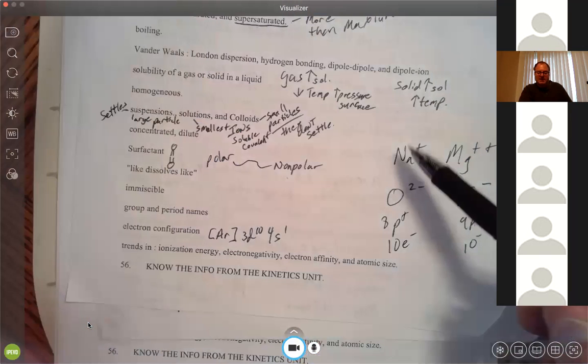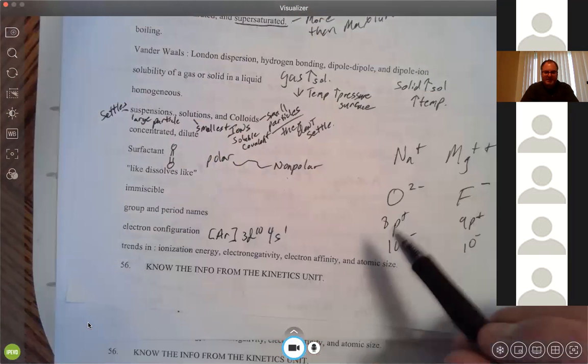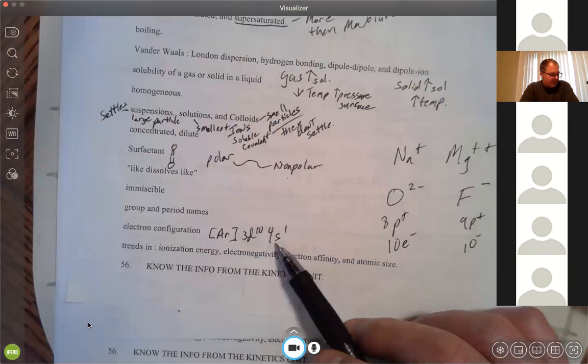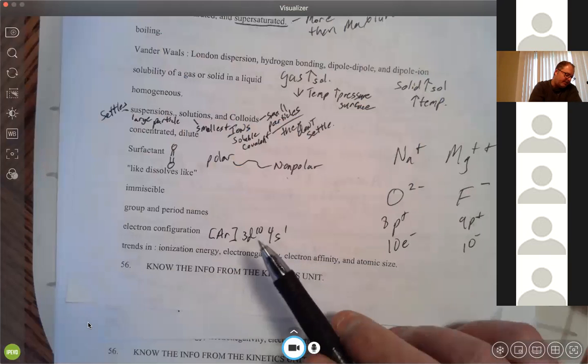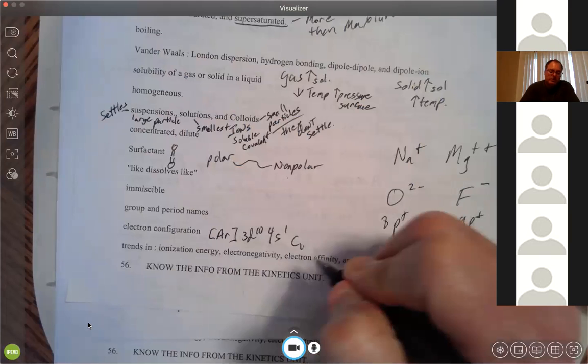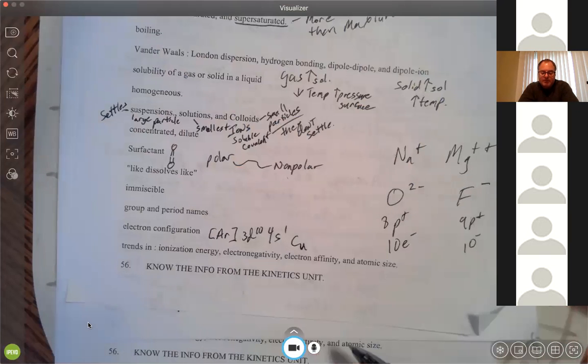Now, if you were asked to make that electron configuration, unless you had that memorized to be copper, you would probably do 4s2 3d9. It's one of the exceptions. Another exception would be for manganese. It likes to do a 4s1 3d5.